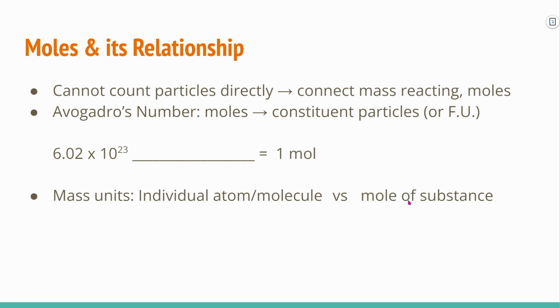So you want to make sure you know, individual atoms and molecules, we measure that in AMU, which is atomic mass units. A mole's worth of a substance we will measure in grams. Make sure you know those mass units between these two different things. Again, individual atoms and molecules are AMU, atomic mass units. A mole's worth of a substance is measured in grams.